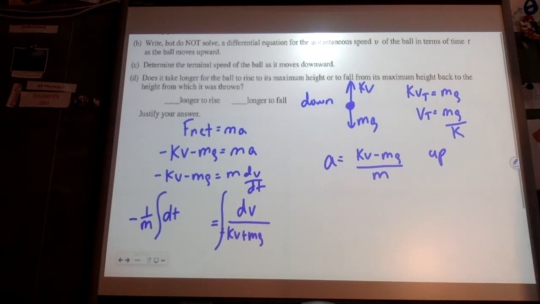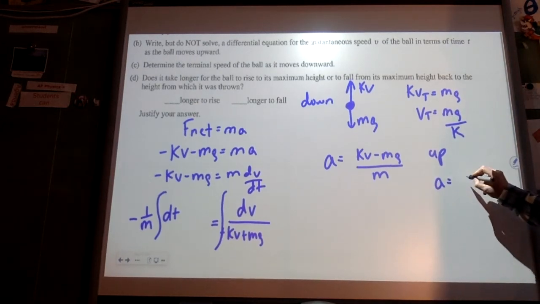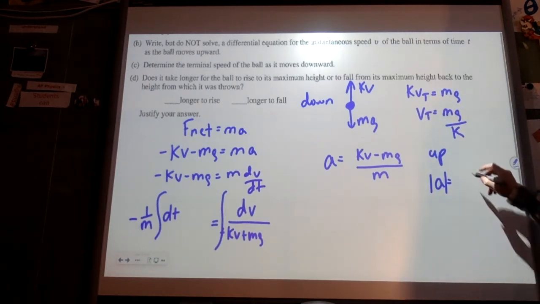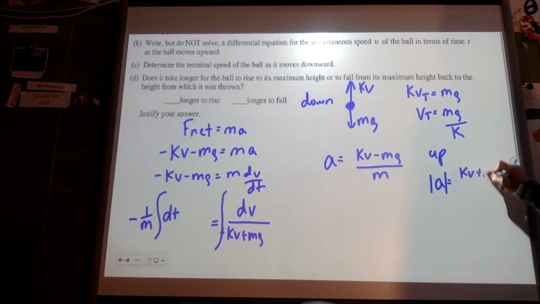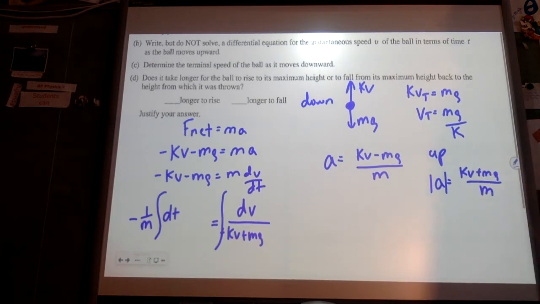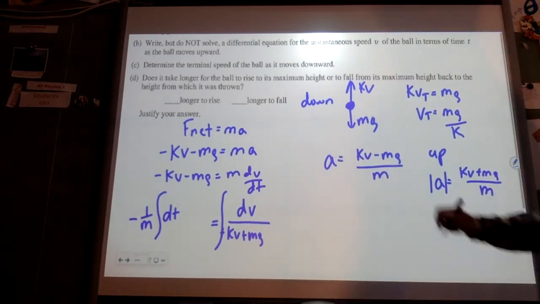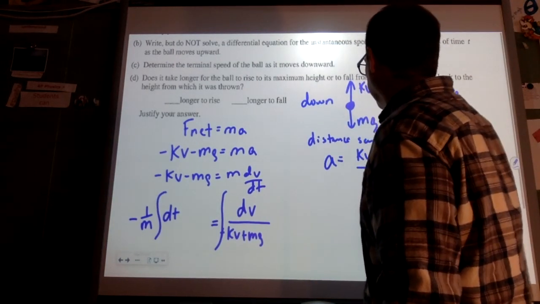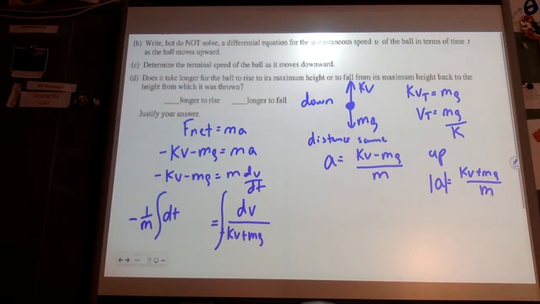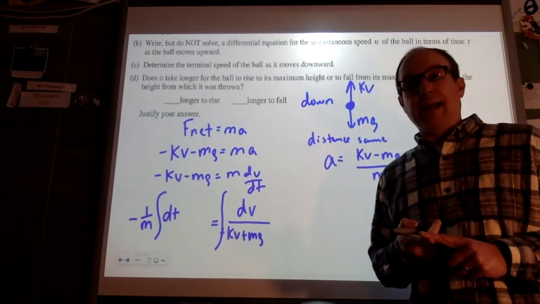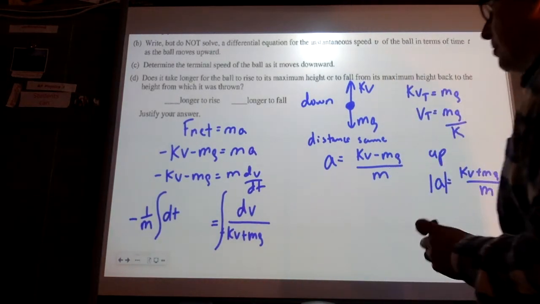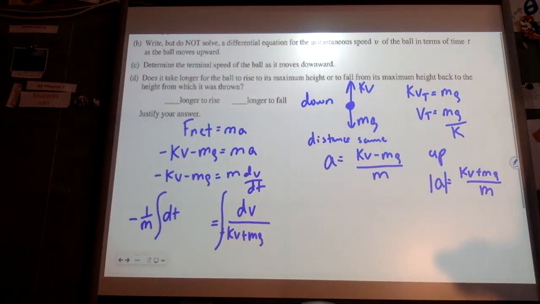On the way up, its acceleration, and I'll say the magnitude of its acceleration, just so I don't have to worry about all the negative stuff, is equal to kv plus mg divided by m. What else do I know? The distance is the same. And I know that the one is going to end at 0 and the other one starts at 0. So that relates the two velocities.